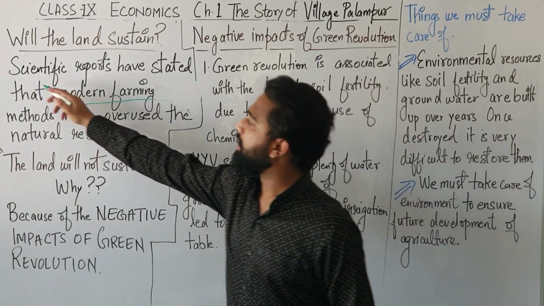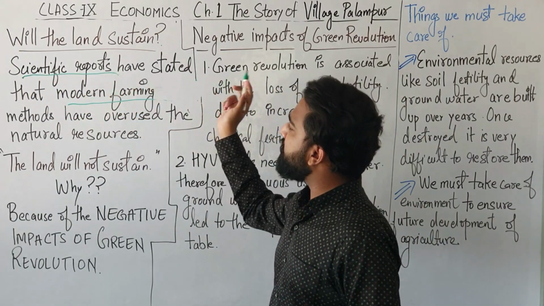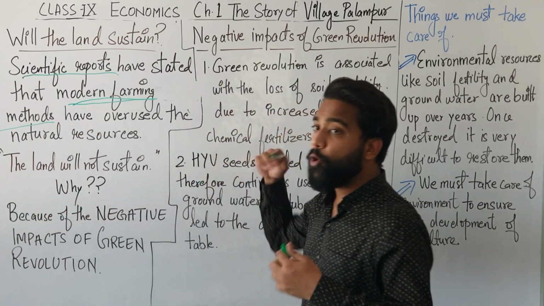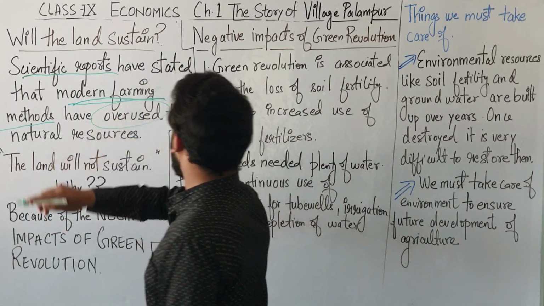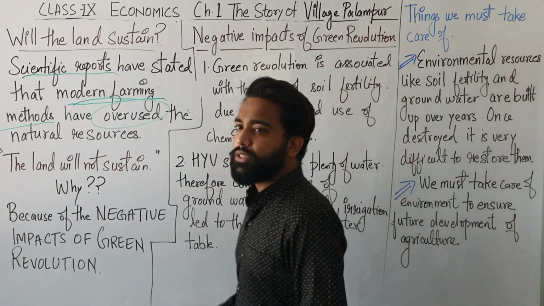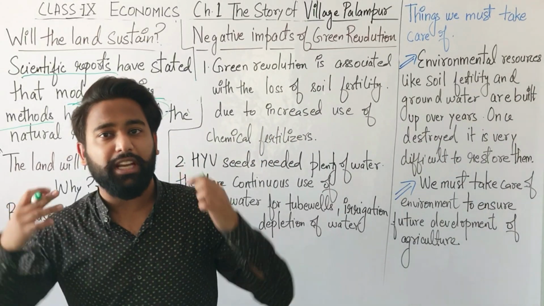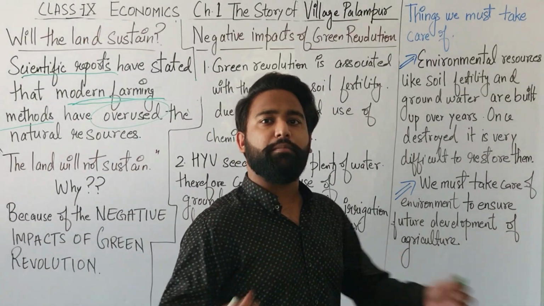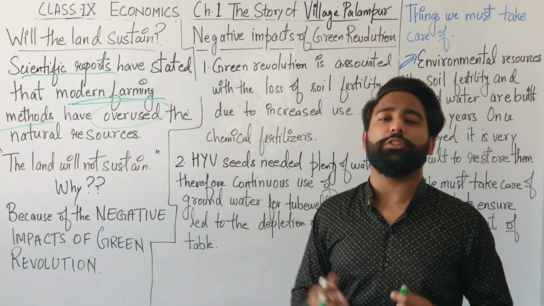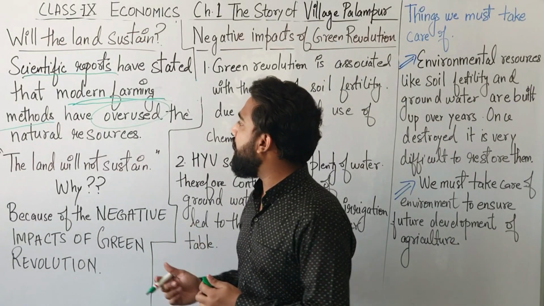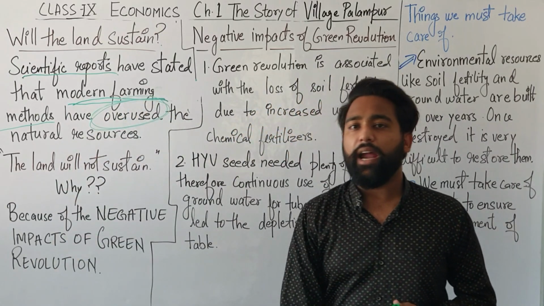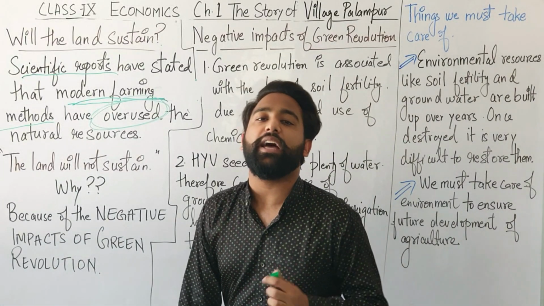Why? Because scientific reports have stated that modern farming methods have overused, keyword, overused the natural resources. If we are using those deadly fertilizers again and again on our motherland, then it will take out all the resources at once and the land will be so overused that the land will become unfertile.